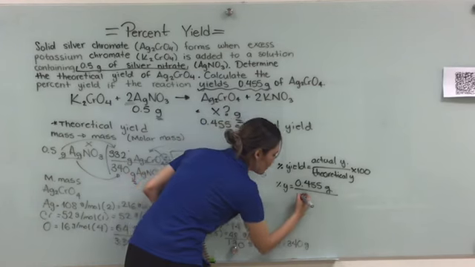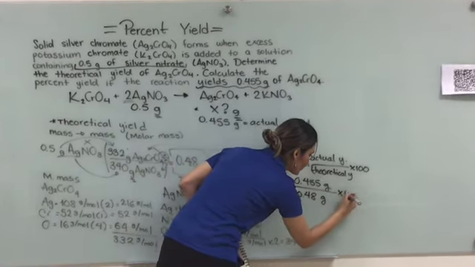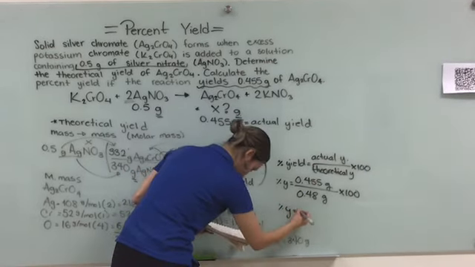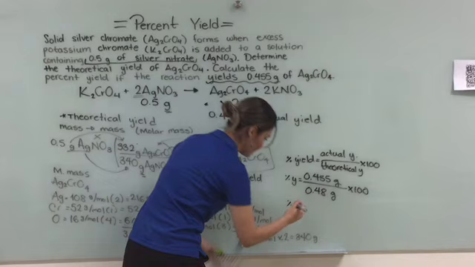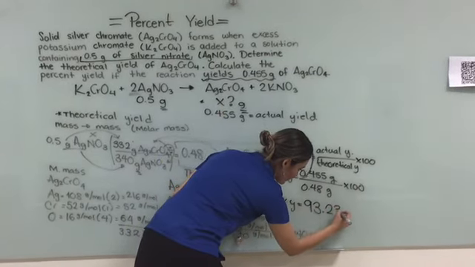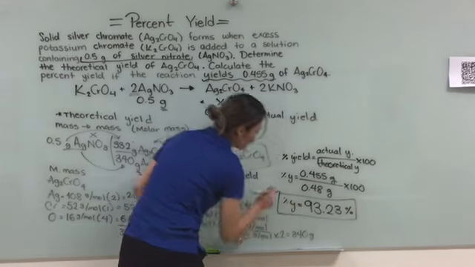We multiply times 100, and this is our result. So in this case it would be 0.455 grams divided by 0.48 grams times 100 equals 93.23%. And this is our result.